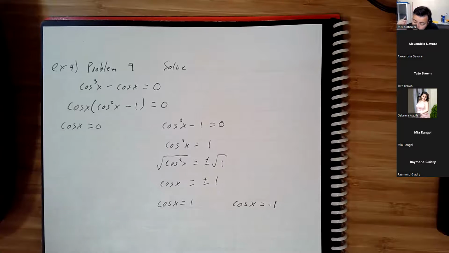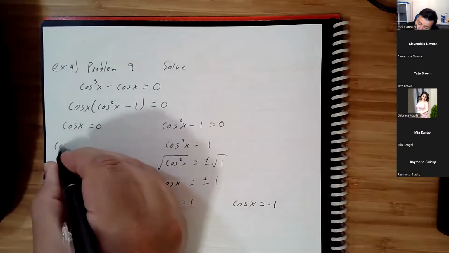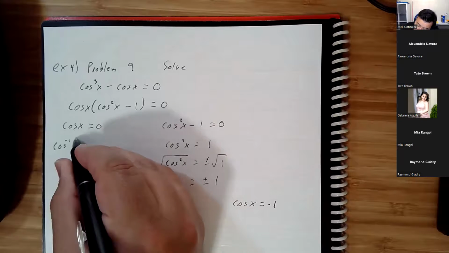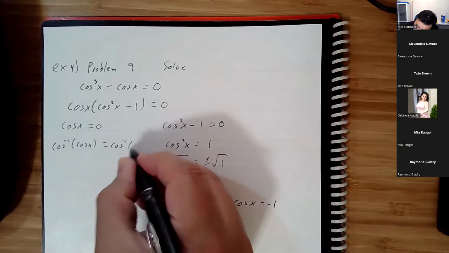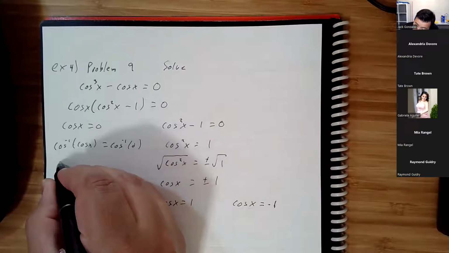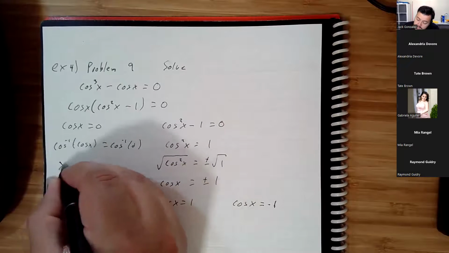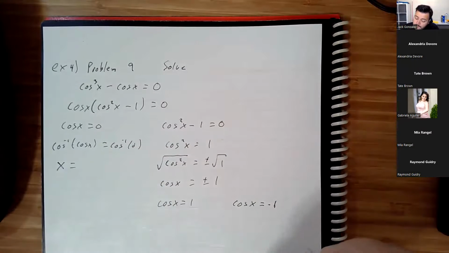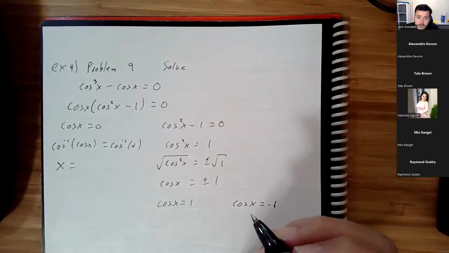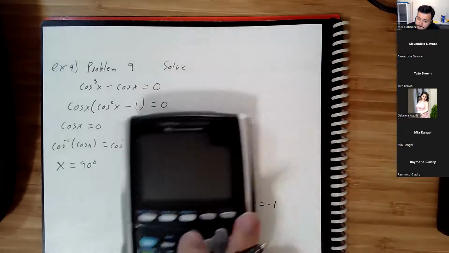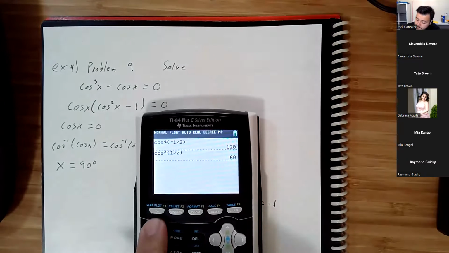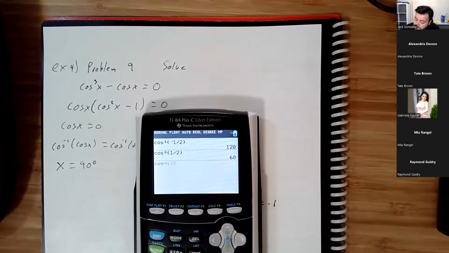So we can use our inverse functions, arc cosine or whatever. Both sides. So that'll give me x equal to 90 degrees. Let's see.